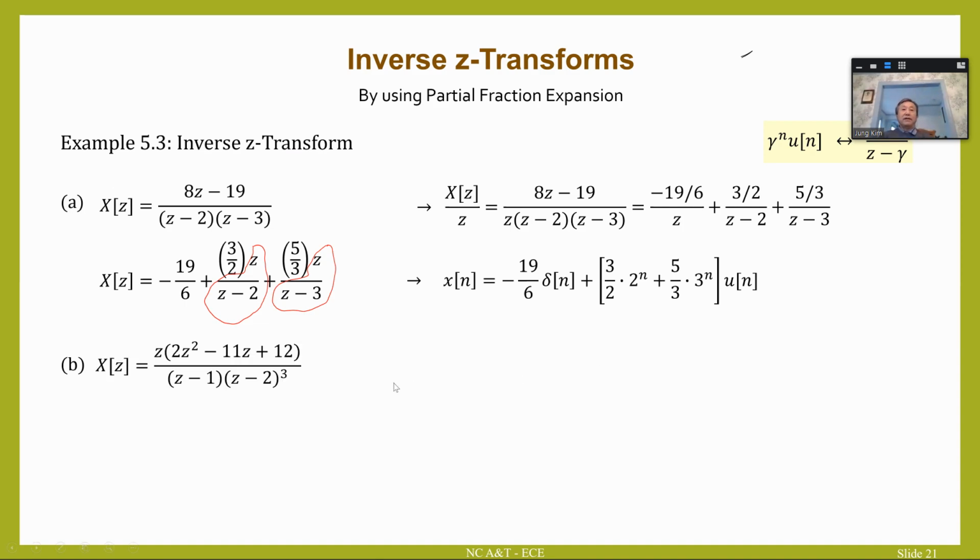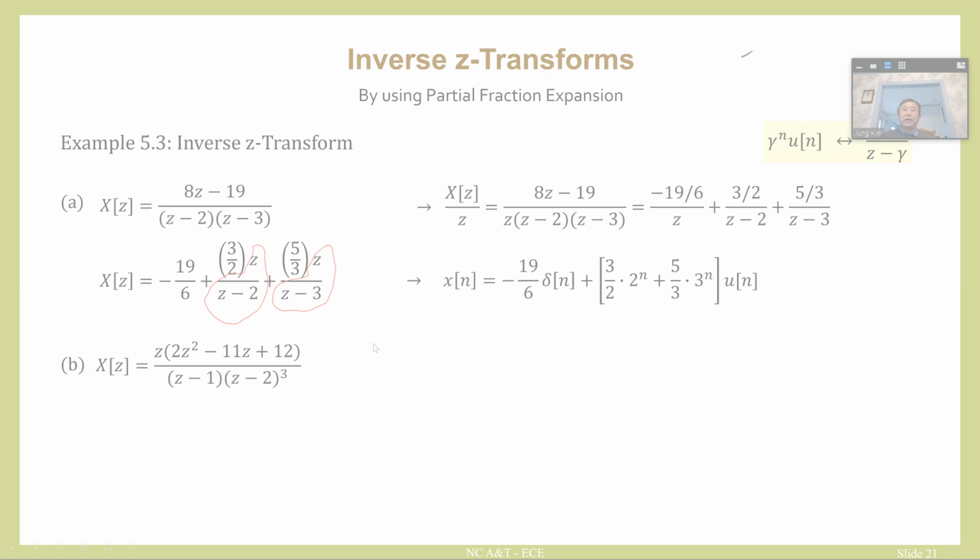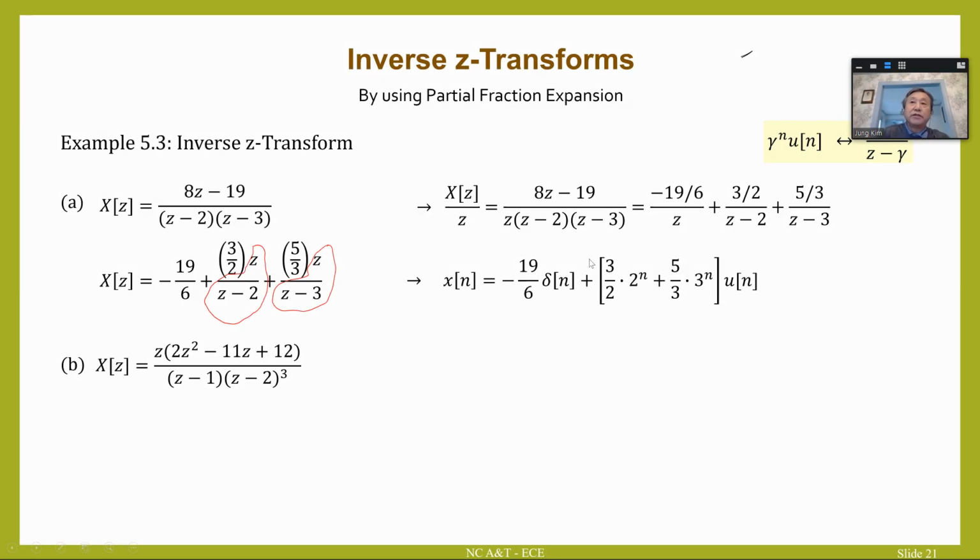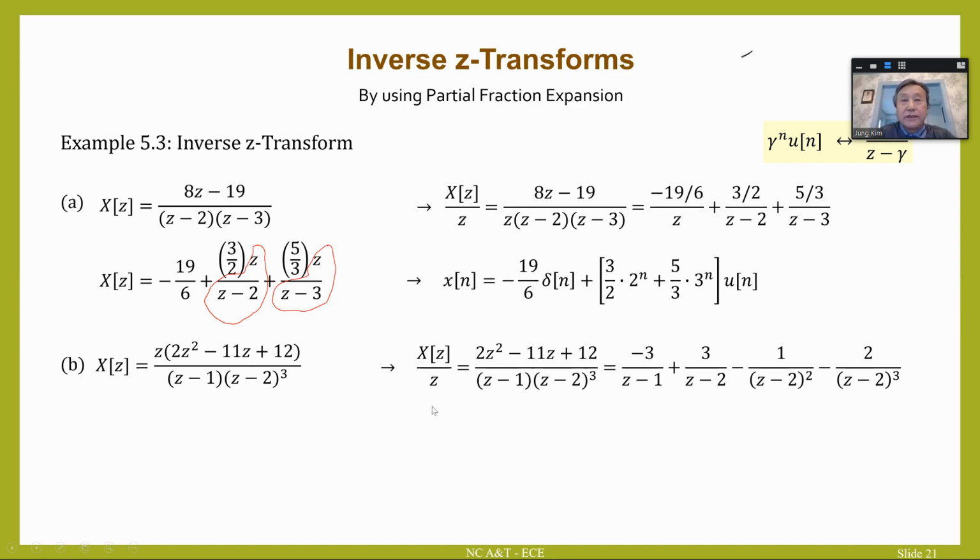Let's do this one here. Normally I provide the Z transform table, so you can use the table for each term. This is very, very important: instead of expanding X of z, expand X of z over z.